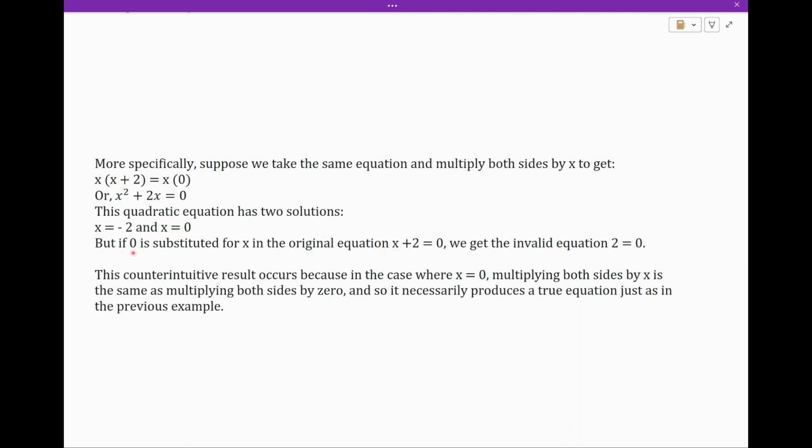But if 0 is substituted for x in the original equation x plus 2 is equal to 0, we get the invalid equation 2 is equal to 0. This counterintuitive result occurs because in the case where x is equal to 0, multiplying both sides by x is the same as multiplying both sides by 0. And so it necessarily produces a true equation just as in the previous example.